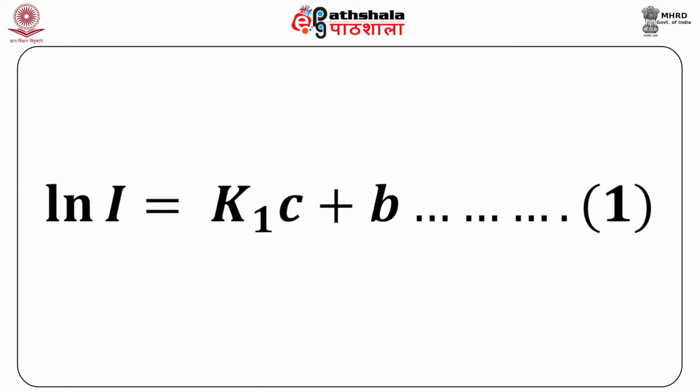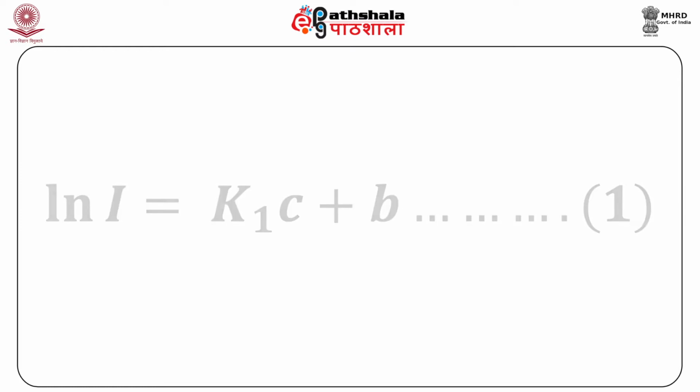On integration, the equation changes to minus ln I is equal to K1 C plus B. The equation is named equation 1. B is the integration constant.